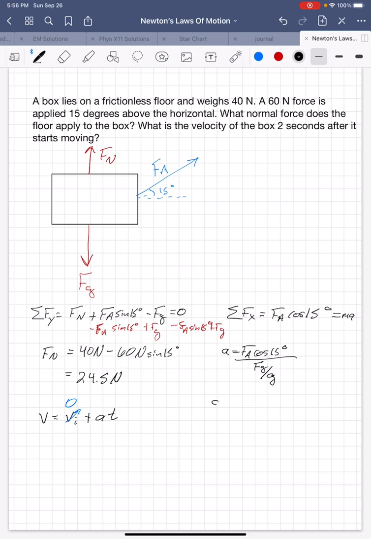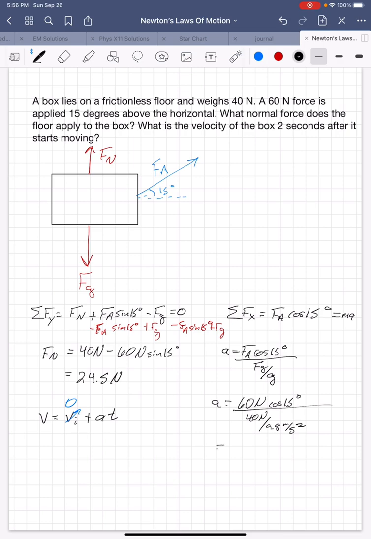So the acceleration a is just equal to 60 newtons cosine 15 degrees divided by 40 newtons over 9.8 meters per second squared.